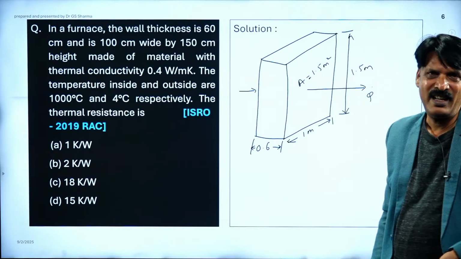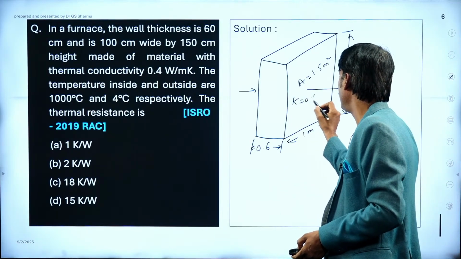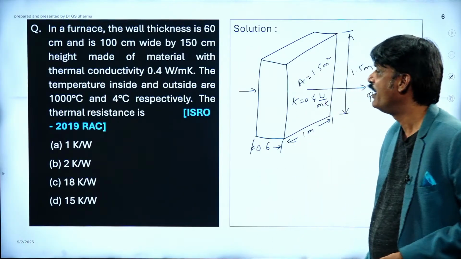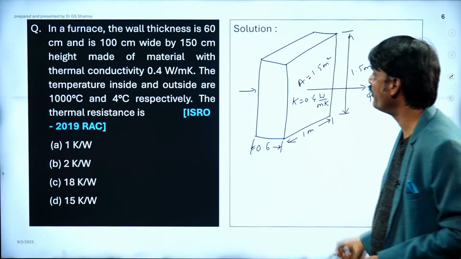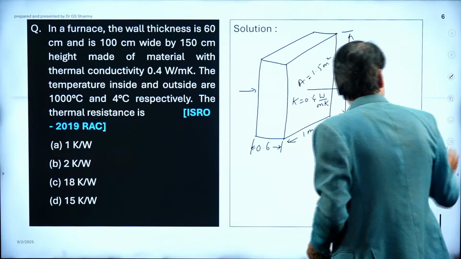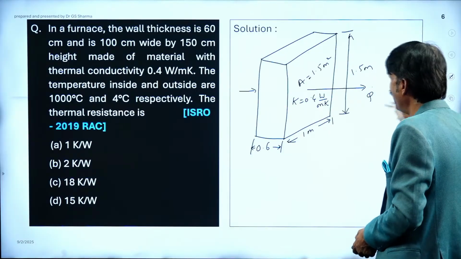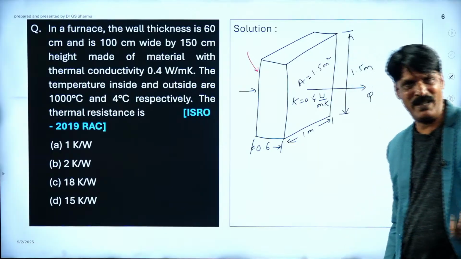Thermal conductivity is given as 0.4 watt per meter Kelvin. The temperatures inside and outside are 1000 degrees centigrade and 4 degrees centigrade. If you observe, the questions being framed are applicable to applications pertaining to space.